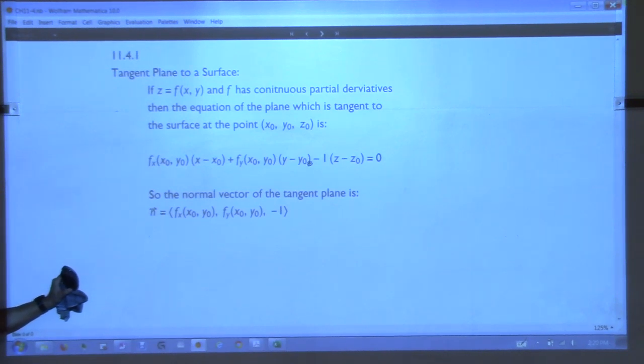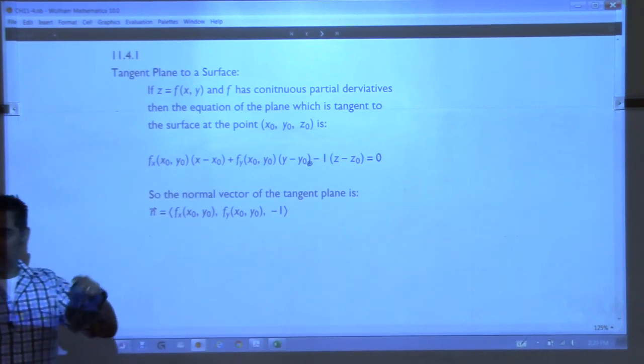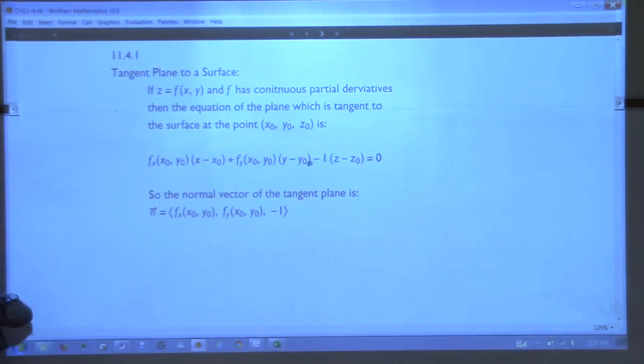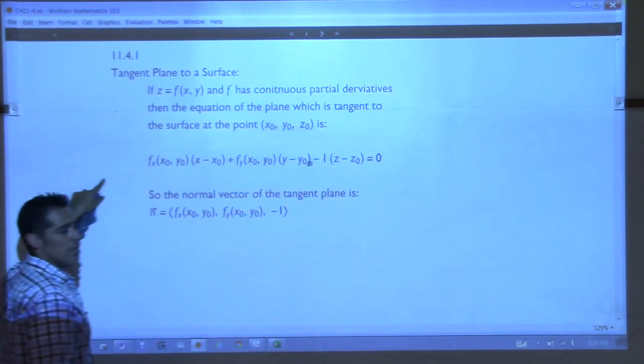This is an explicit equation. So if z is some function of x and y, and f has continuous partial derivatives, meaning if you take the partial derivatives, both with respect to x and y, they are continuous, meaning there's no weird division by zero or square roots of negatives. If we've got well-behaved partial derivatives, then the equation of the plane which is tangent to the surface at some given point, x naught, y naught, z naught, is this formula.